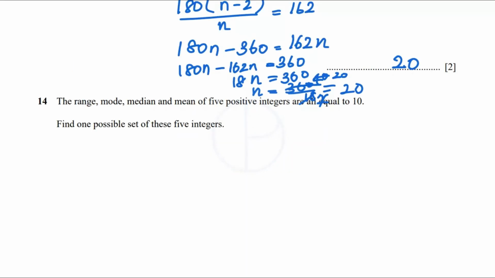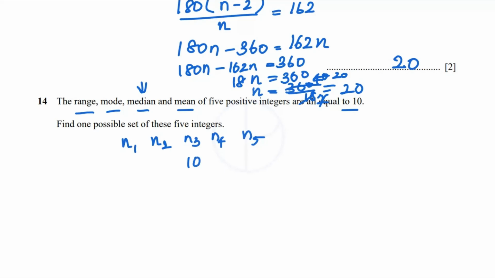The range, mode, median and mean of 5 positive integers are equal to 10. Find one possible set of these 5 integers. So let's take the 5 numbers n1, n2, n3, n4 and n5. The median is the middle number, so let's take n3 as 10.